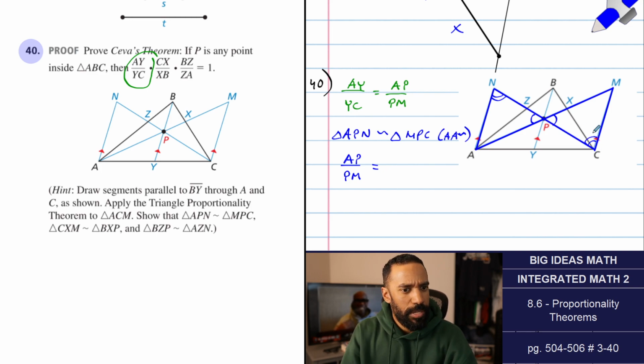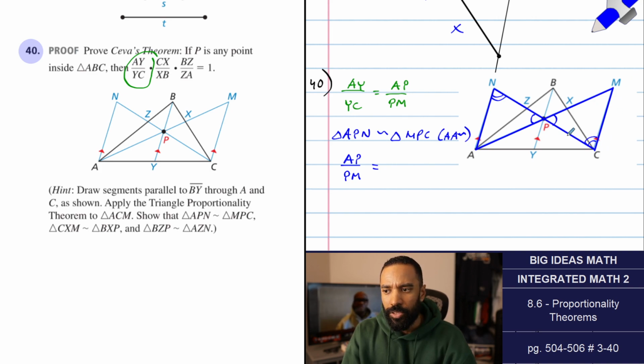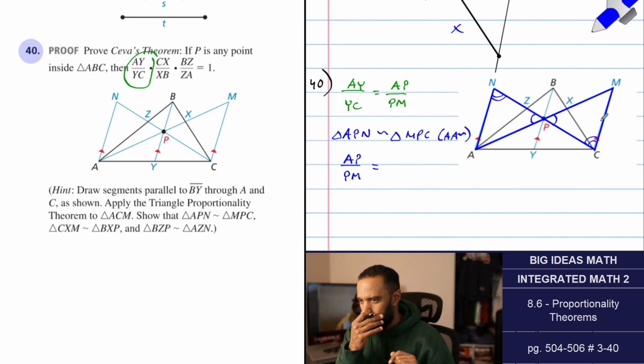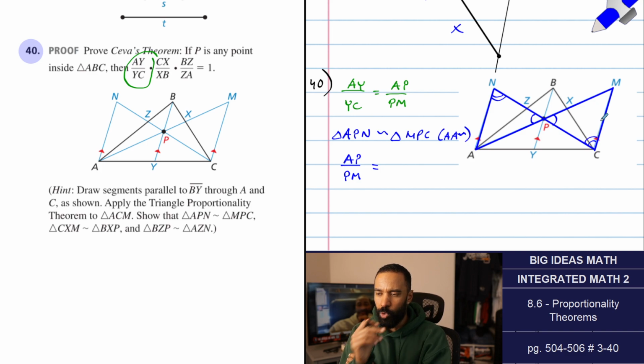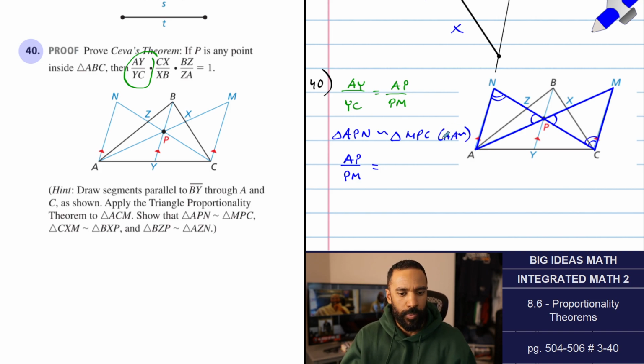Are we using CP? What do they have? They have CX and XB. Do they have MC? No. Let's do, what are the other ones they want to show that are similar after that? CXM. Where's CXM? So I'm going to use CM and AN because we got to use those later.